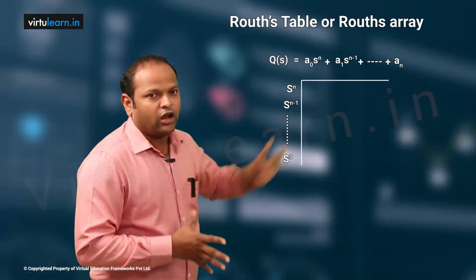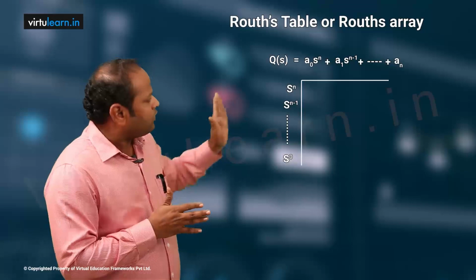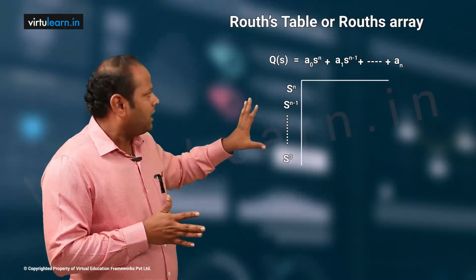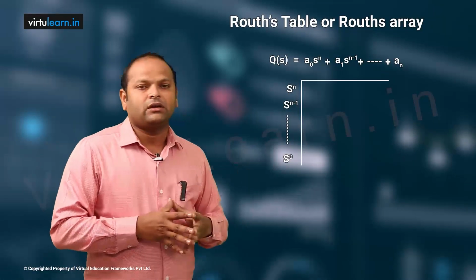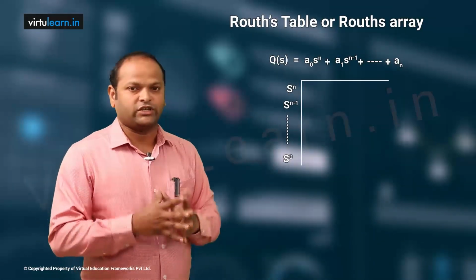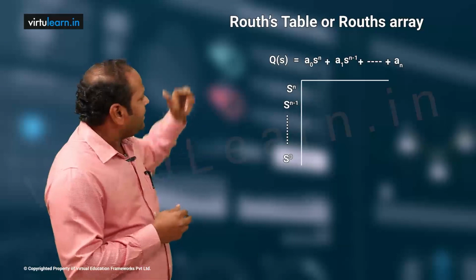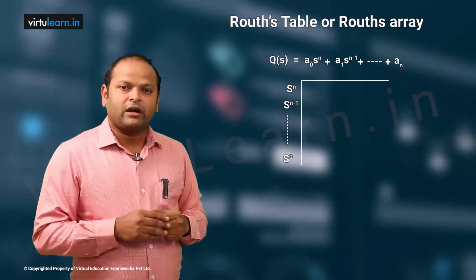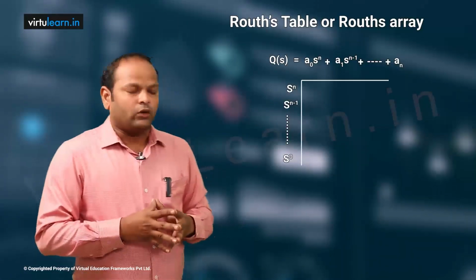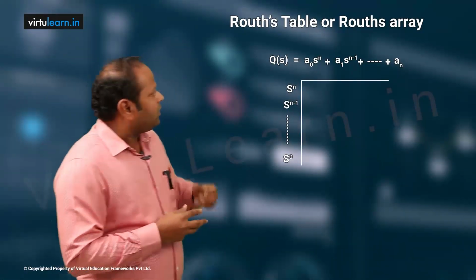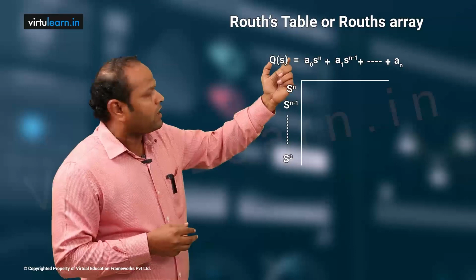Then what about the columns? We need to calculate some of the column elements, and some of the column elements you can fill directly from the characteristic equation. Let us look at the elements of the s power n and s power n minus 1 rows. We know that Q of s is equal to a naught s power n.